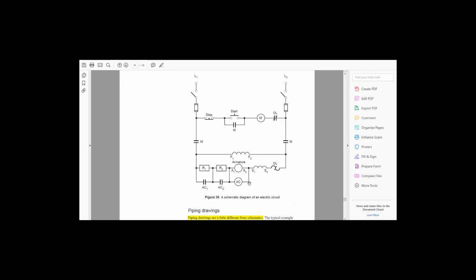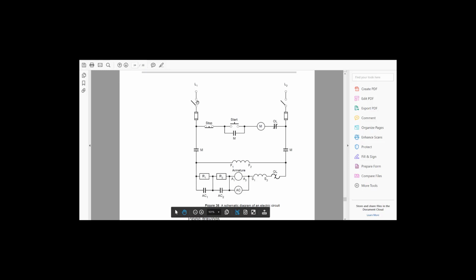Another schematic is the electrical schematic, with exactly the same purpose as the hydraulic schematic; it just tells me how the thing works. So there's a switch. When I switch it on, the current flows through the normally closed stop button, then I can push the start button to start the motor coil. Then when that motor starts, there's an overload that is constantly closed, and therefore I have a path of current going to another leg, and the circuit is completed.